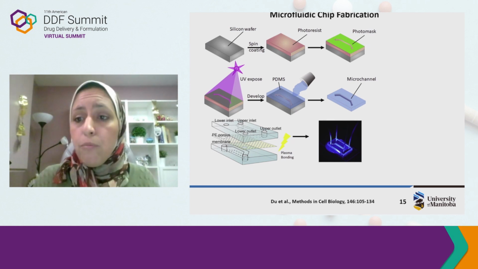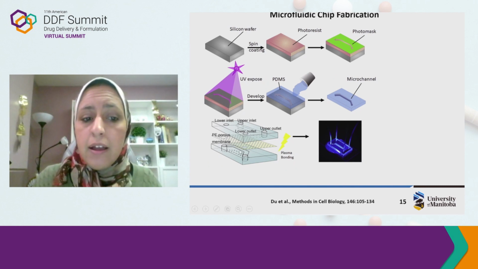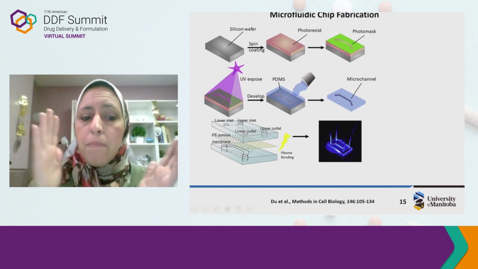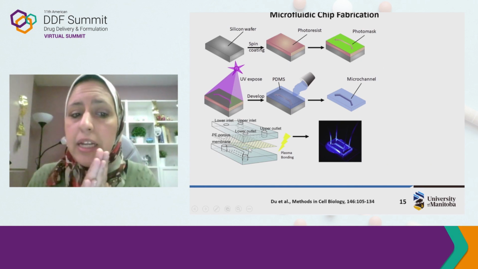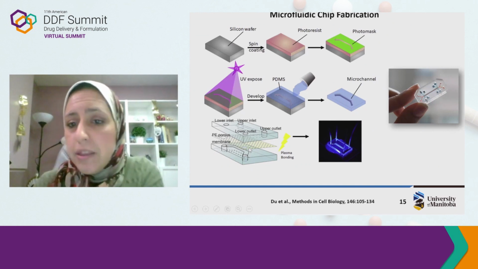So we develop a mold first, and then using this mold, we develop those two parts of the chips. And then we use a polycarbonate membrane at the end, and then we bond them together using plasma cleaning that we have in the lab to develop those microchips at the end.